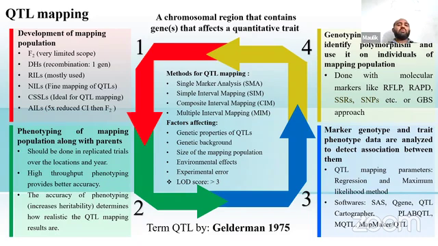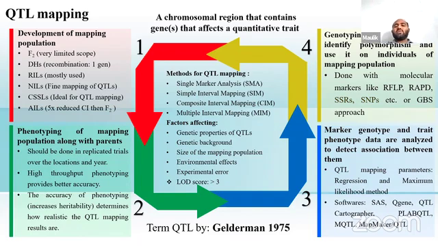So after taking accurate phenotyping, we genotype using 200, 300 molecular markers. Now SNP is the king of molecular markers, but SSR is also used. These genotyping and phenotyping data are used for finding out which QTL is responsible for salinity tolerance.